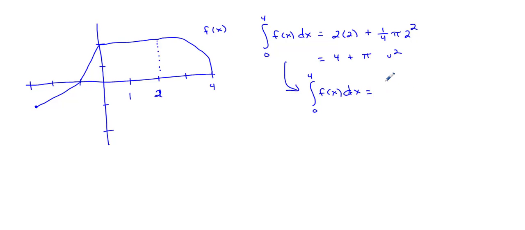That's the same thing as the integral from 0 to 2 of f of x dx plus the integral from 2 to 4 of f of x dx. So basically, we discovered this by finding the areas geometrically. Okay, what's the area from -1 to 4 of f of x dx?